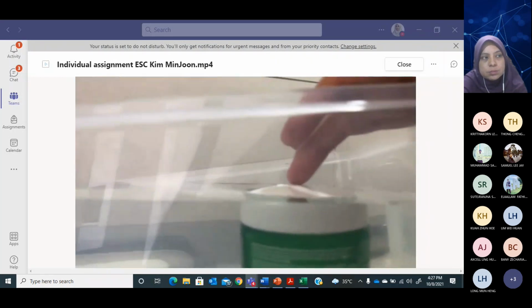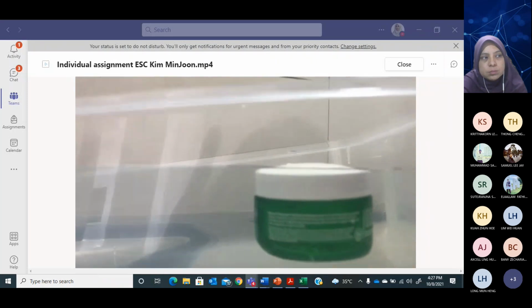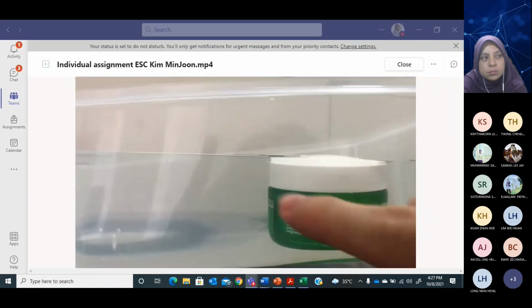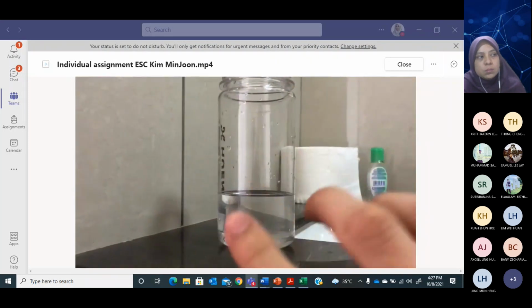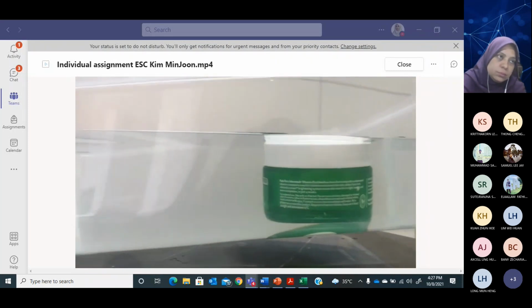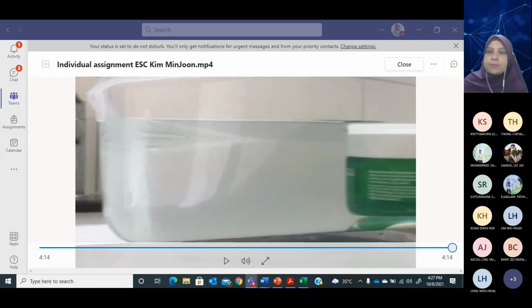But if we see here, there is only a small portion of the object that is actually floating, and this volume is the same as that. And that is it for my demonstration. Thank you very much.